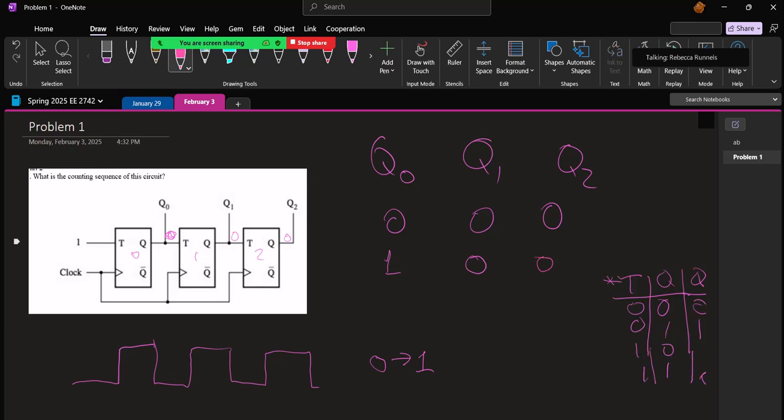Okay, so now this became 1, so I'll change it. I said assume they're all 0. Oh, okay. This said what is the counting sequence, and given that it's going to repeat, it doesn't matter where we start, we just keep going until we get to where we started from.